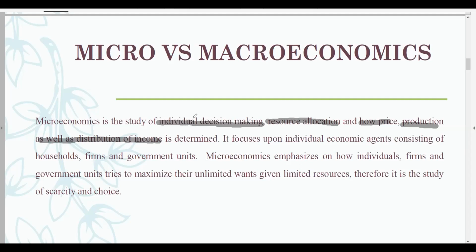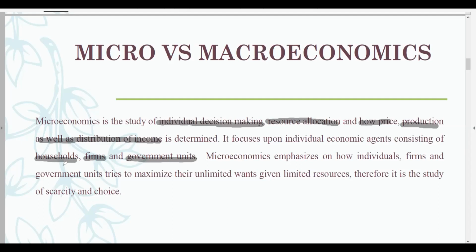So it focuses upon individual economic agents consisting of households, firms, and government units. When we are saying that individuals are making decisions, who are those individuals? We are looking at households. Households make decisions as to resource allocation, the price that they want to buy a product for, and also how they're going to distribute their income.